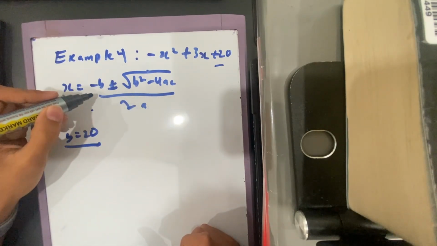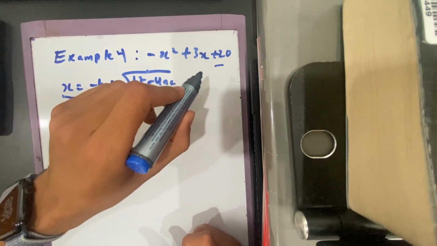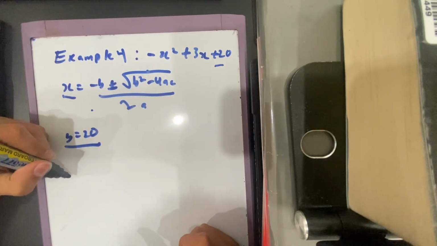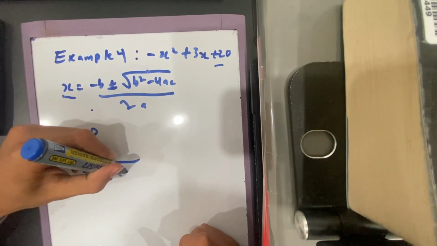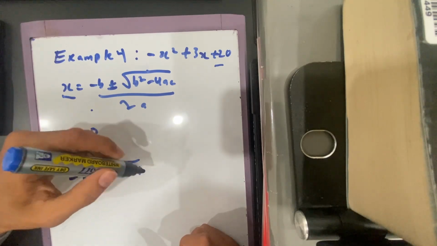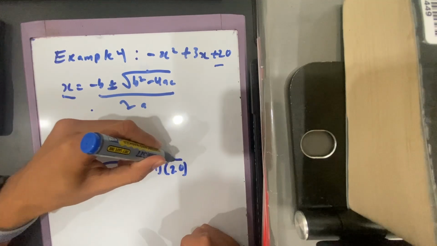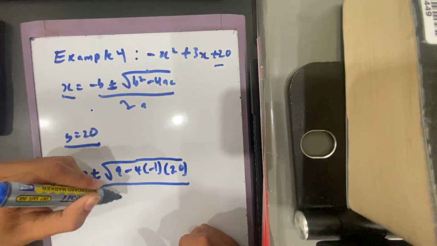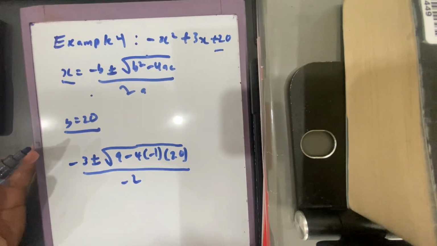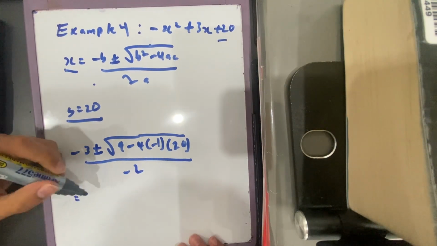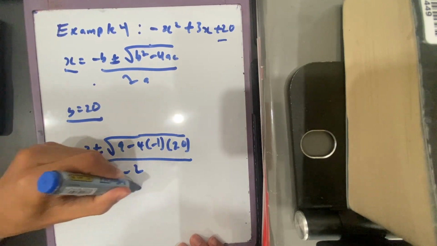So you would substitute your b, a, and c values into this: -1, 3, and 20. So -b plus or minus the square root of 9 minus 4 times -1 times 20, divided by -2. So you keep on going. We cancel these negatives out, so it would just be 3 plus or minus root.